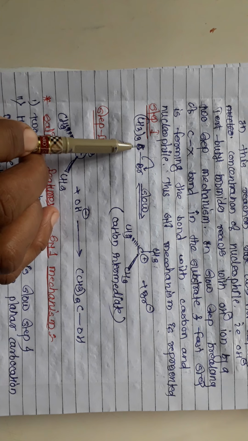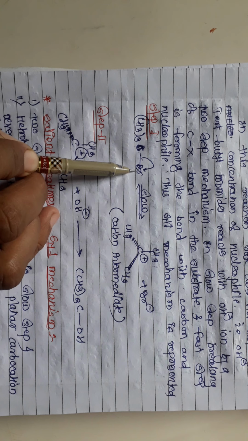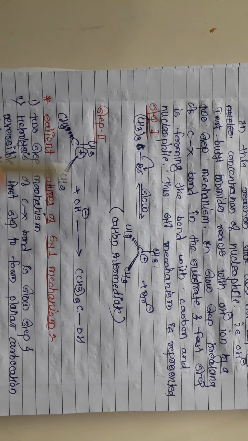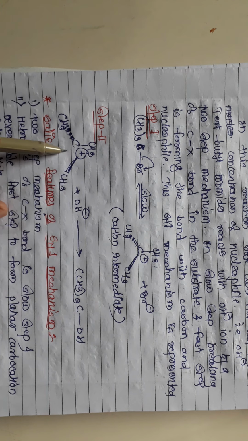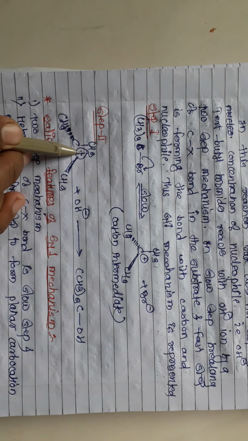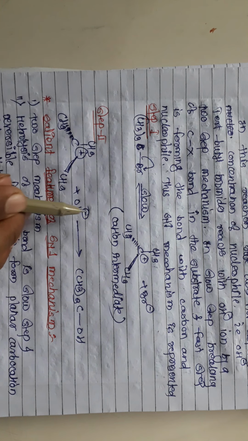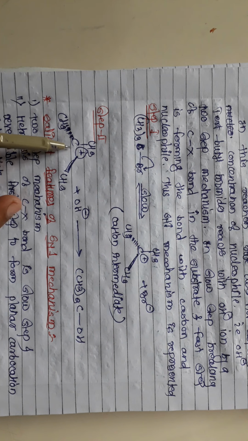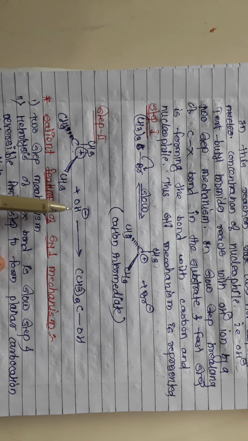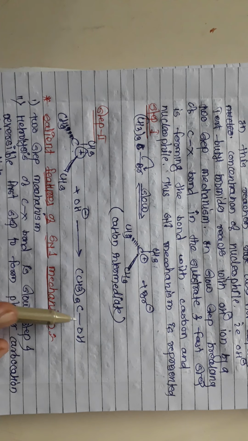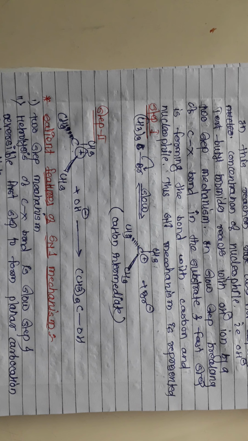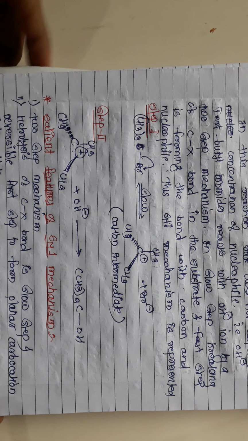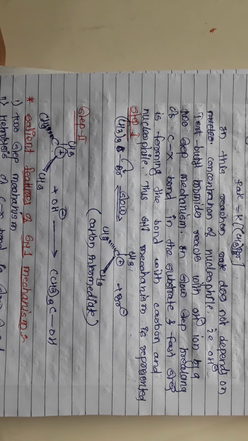The first step is the breaking of the carbon and bromide bond, and the second step is the reaction of this intermediate, which has a plus charge, meaning the electrophile, with OH minus ion, the nucleophile, to form tertiary butyl alcohol. This is the SN1 reaction mechanism. It is called a unimolecular nucleophilic substitution reaction.